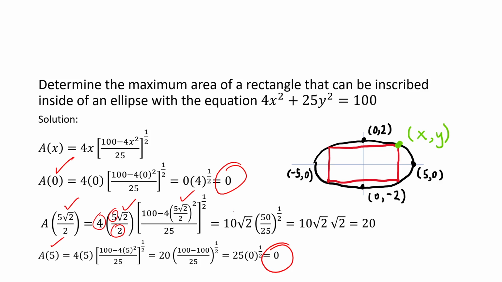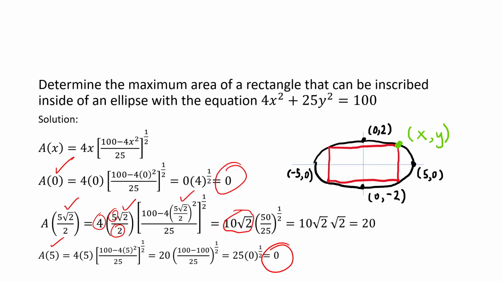That's the same as 10 root 2. And then if we have 5 root 2 over 2 times 5 root 2 over 2, we get 25 root 4 over 4, and that's the same as 25 times 2 over 4.